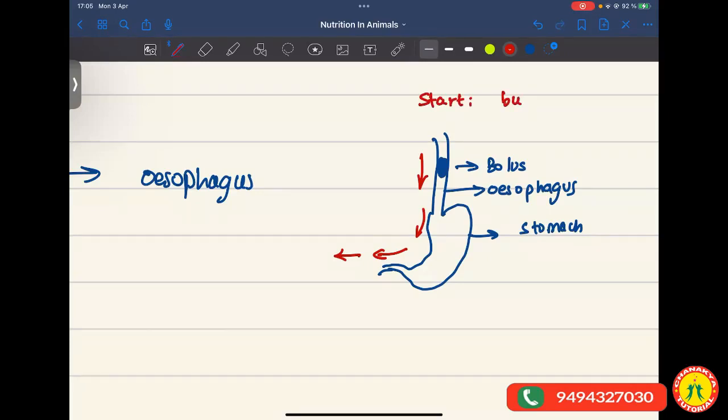Very good. Buccal cavity ends with the anus. So from the buccal cavity to the anus, the alimentary canal will continuously have that movement of pushing the food downwards.